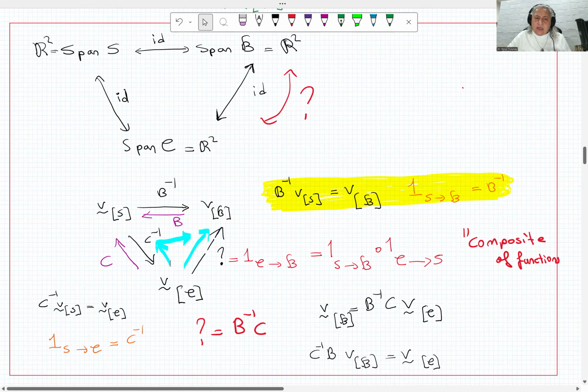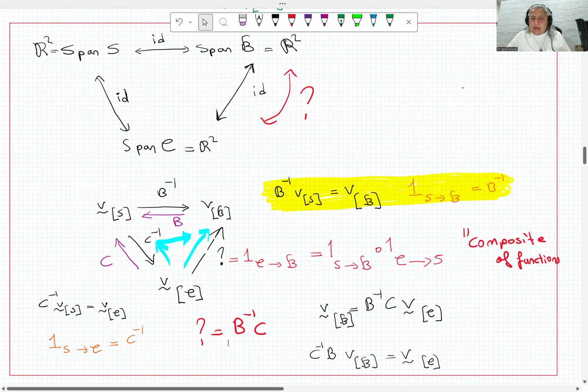So if you start here, go up. Going up is C. But we need to think about that as a composite of functions. That's what I wrote here, composite of functions. When you're moving with a map, first you apply the C map, and then you apply the B inverse map.